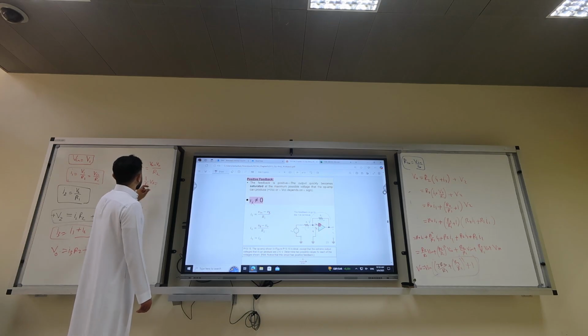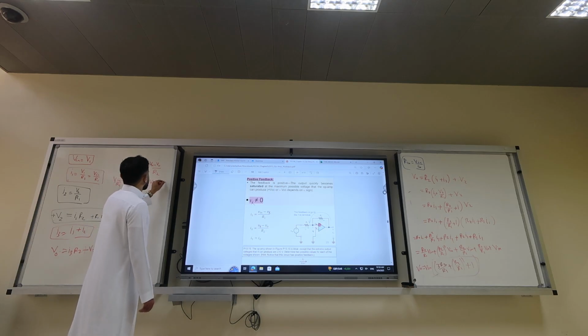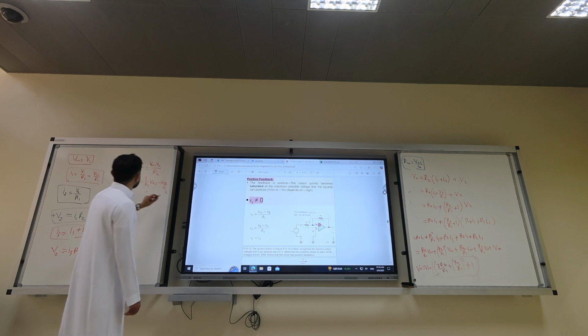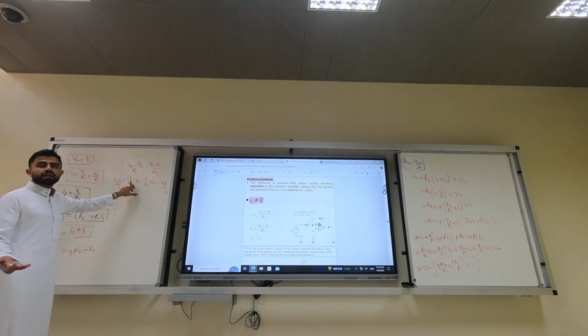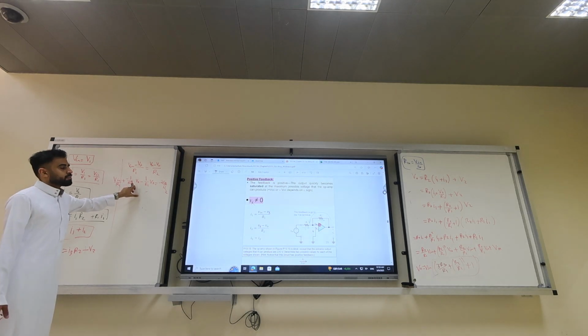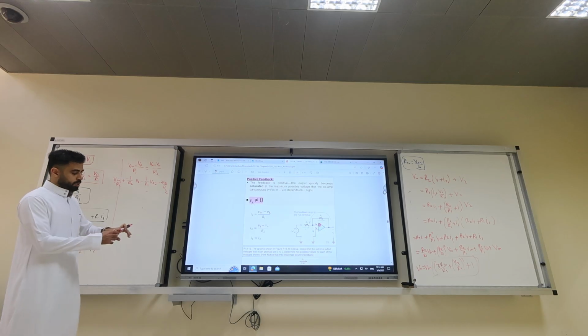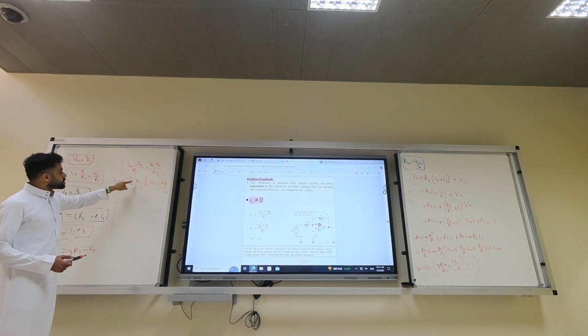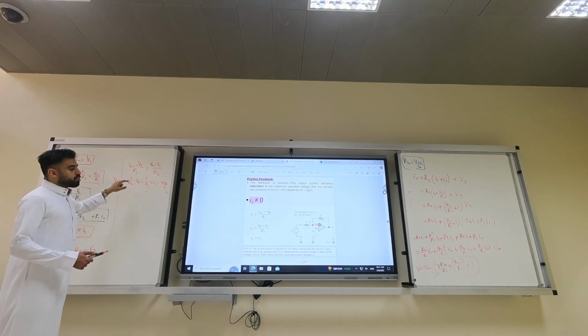But if I bring plus V input over R1 equal to minus V output over R2, what I'm seeing is the Vx tells us how much the gain. We don't know the gain. There is no closed form expression. We will solve it next lecture because you don't know what is Vx.